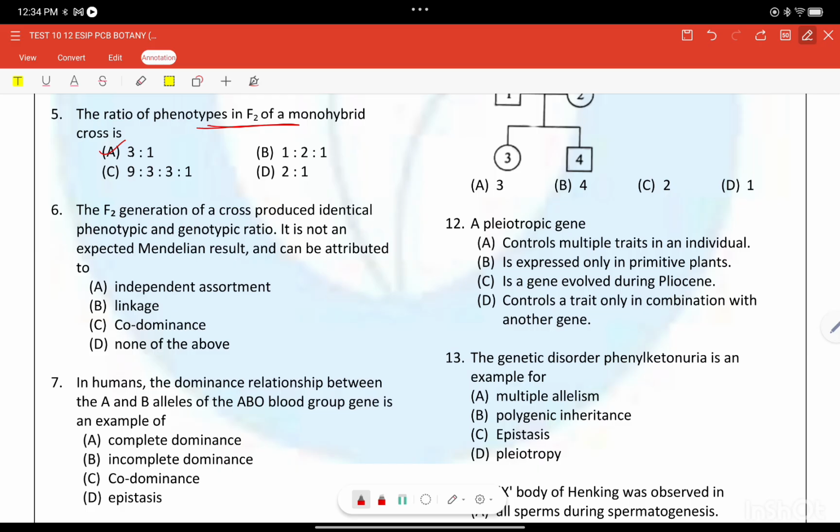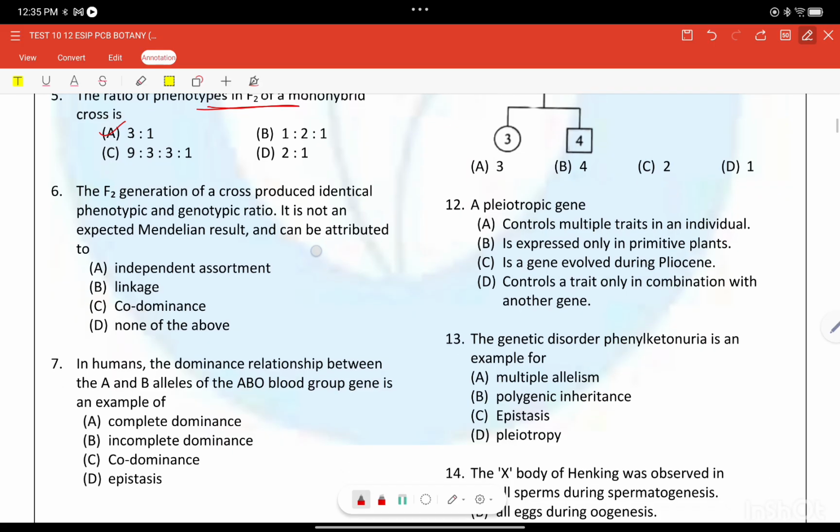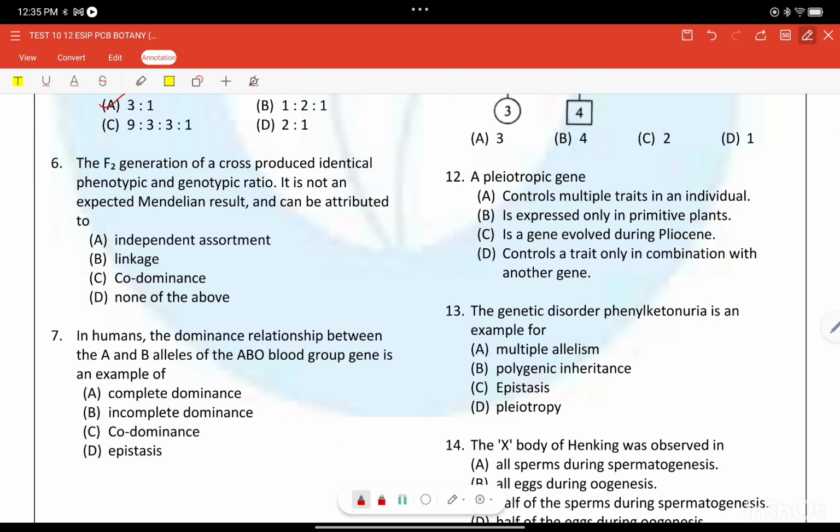The F2 generation of a cross produced identical phenotypic and genotypic ratio. It is not an expected Mendelian result and can be attributed to. If we consider F2 generation, then identical phenotypic and genotypic ratio was produced in codominance and incomplete dominance.